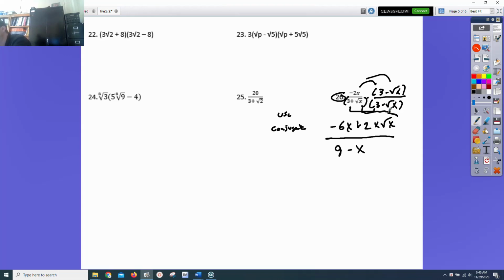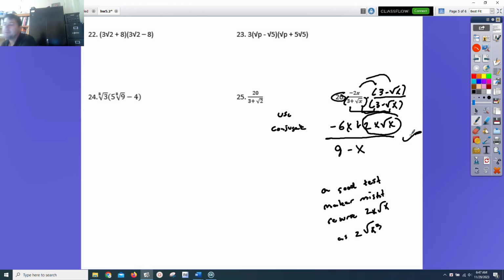You could see somebody be really tricky, like a good test taker or a good test maker, might rewrite 2x root x as 2 root x squared, x cubed. Those are the same thing. They might do that. But I'm going to stop there. That's as far as I personally would take it.